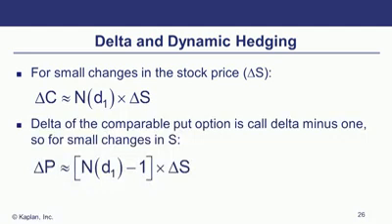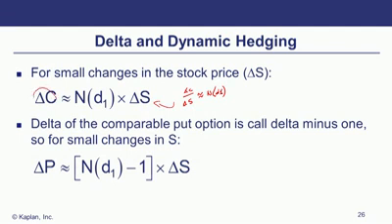So let's see how we can estimate the change in the call prices and put prices using deltas as an estimator. So we already know that delta C, or change in the call price divided by change in the stock price, is approximately equal to N(d1). So if we take that equation and rearrange it, we then get this particular statement.